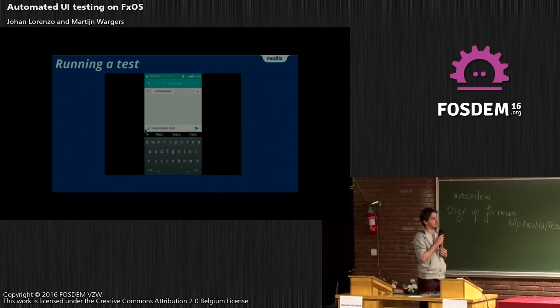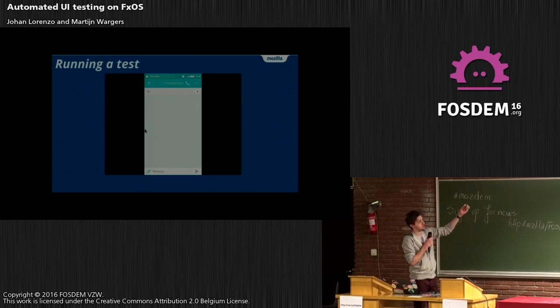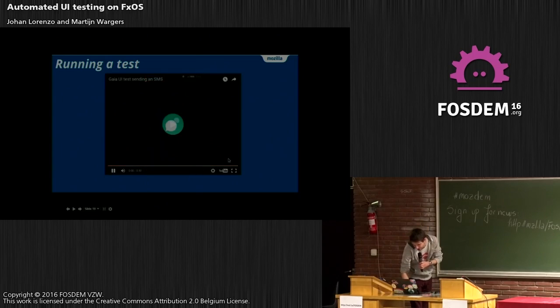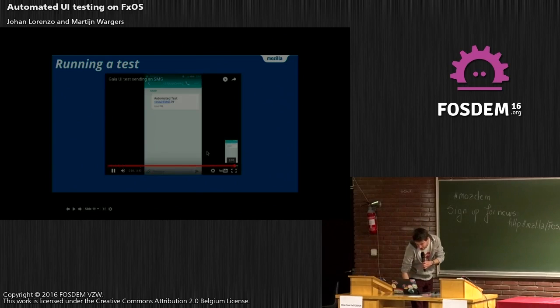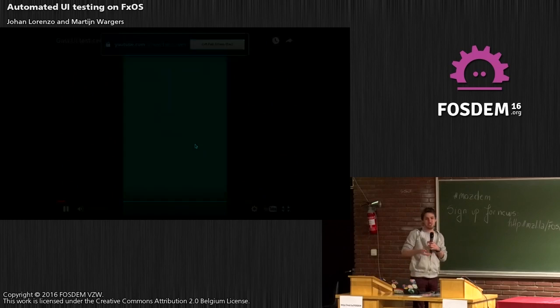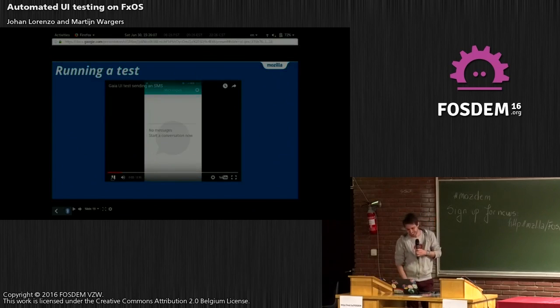So it's a bit long like this, but it's still less long than doing it manually. And then we wait for the SMS to come back. So we actually send the SMS to ourselves. Ooh, that was too fast. Okay. So you all know what it's like to receive an SMS from yourself, I guess.